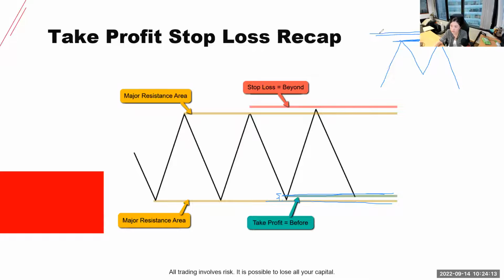For both it is considered called before, but it depends on whether you are looking at the lower section or the upper section. So always take before for take profit, and then for stop loss, always put beyond because you need that extra buffer, in case price spikes up and comes back down. So you need that extra buffer for stop loss. Remember, avoid your major resistance area because this is where all the fights will happen. Avoid it.